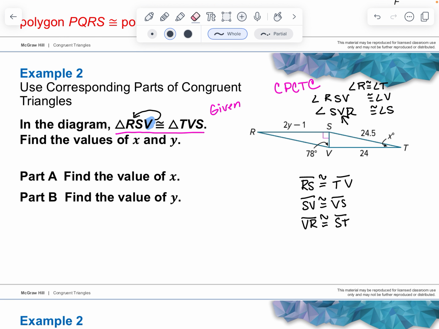Now it tells us to find the value of X. We have X right here. X is in angle T. Well, angle T is equal to angle R. Do we know how big angle R is? Not yet, but we can solve for it.